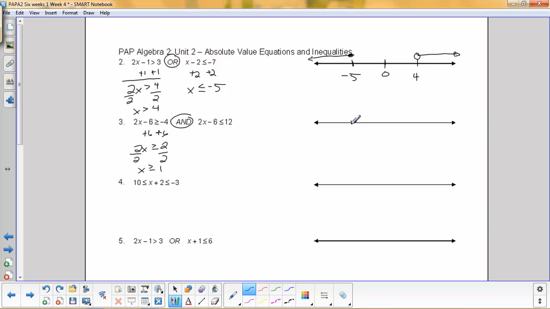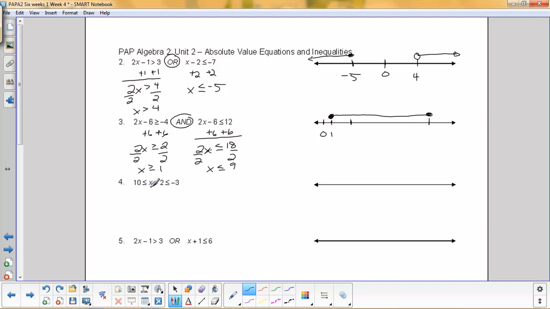Add 6 to both sides. 2x less than or equal to 18. Divide by 2. X is less than or equal to 9. So my 0 is going to be here. My 1 is going to be here. That'll be my closed circle. My 9 will be over here. Again, that will also be a closed circle. And the line will go between.